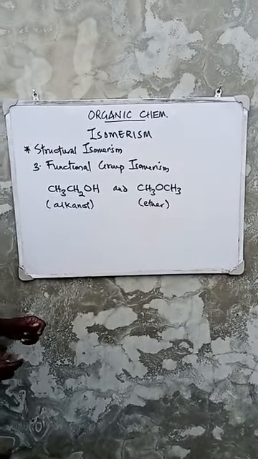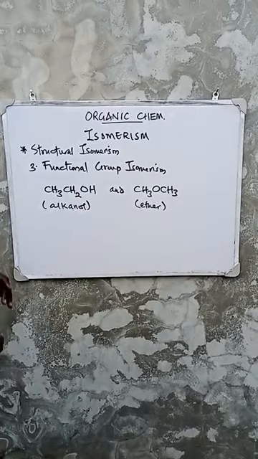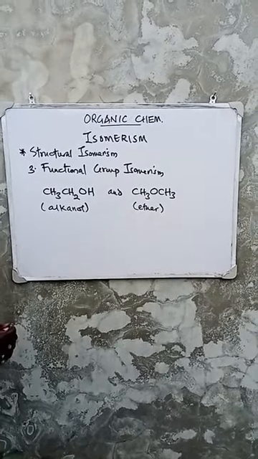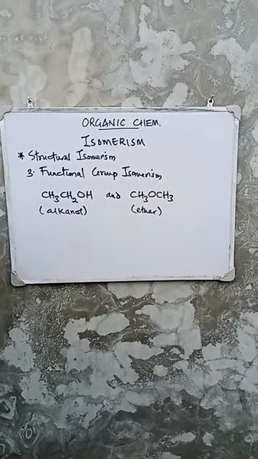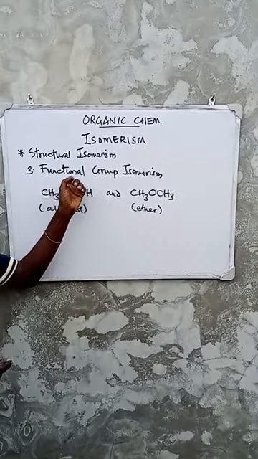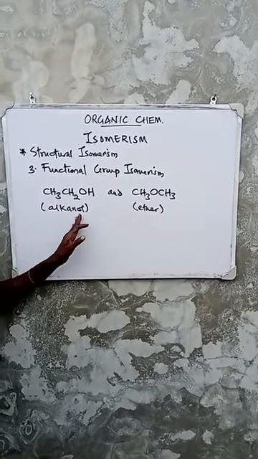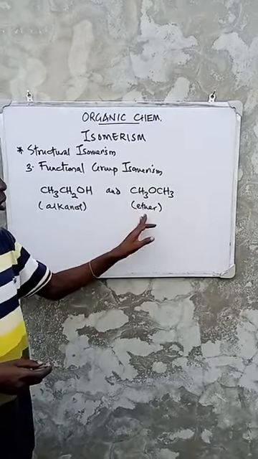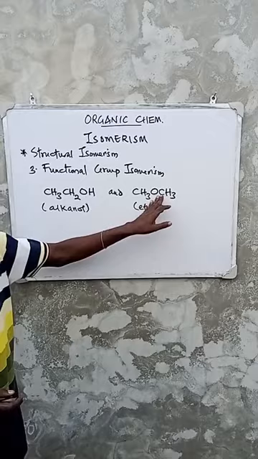In the third type of structural isomerism, which is functional group isomerism, you will recall that in the beginning of the class, we used these two examples. But for the first time, we are using compounds having different functional groups. So this one belongs to the alcohol functional group, while this one belongs to the alkoxyalkane, also called ether, functional group.